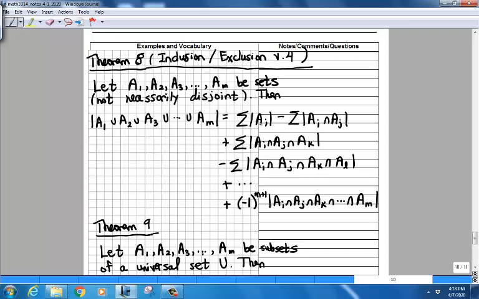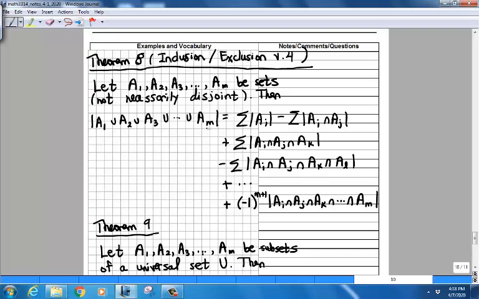So you add up the cardinality of A1 plus the cardinality of A2 plus the cardinality of A3, etc., up to the cardinality of A sub m. Remember this sigma indicates a sum. So I'm adding up the cardinalities of the individual sets.